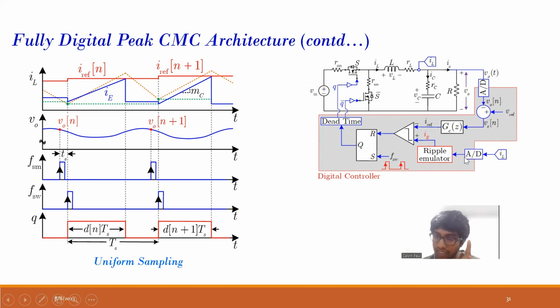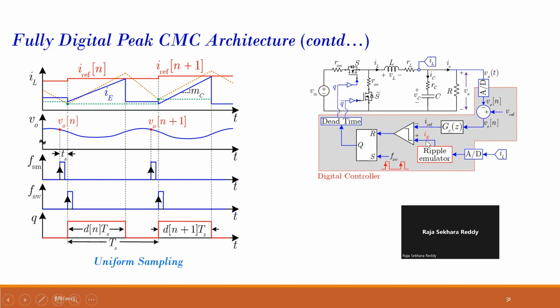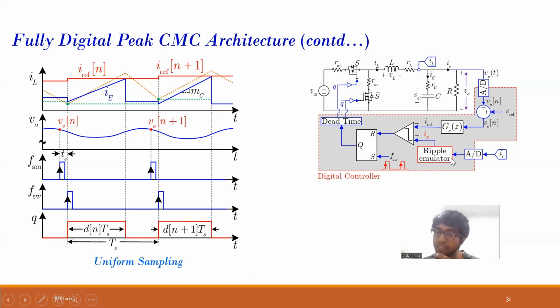I'm just taking one sample per cycle, and to it I add an emulated ramp, and that is happening in the digital platform itself, inside the FPGA. It's not physically visible. The adding is happening inside the ripple emulator. The ripple emulator is generating the emulated current signal.